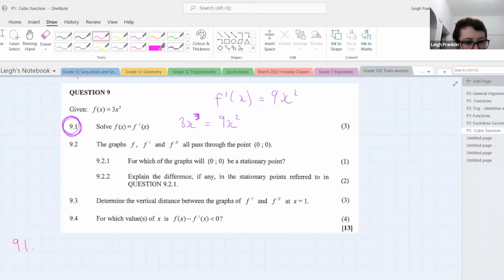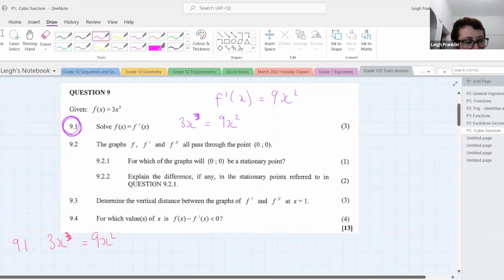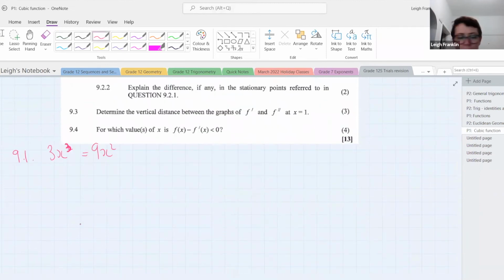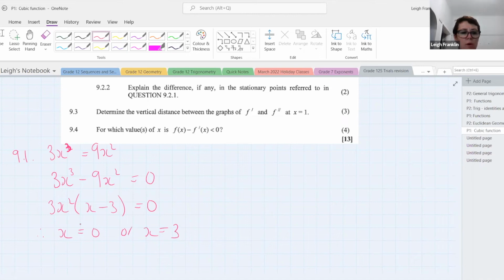We've got 3x cubed equal to 9x squared. We're going to take them onto the same side and factorize. And there we go. Either x is 0 or x is 3. Quite right.